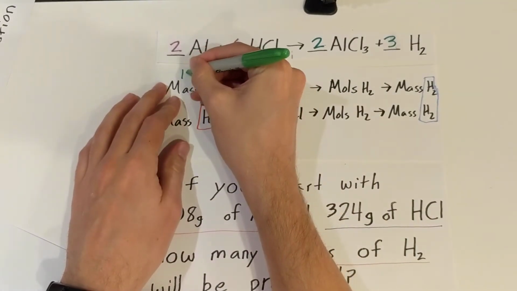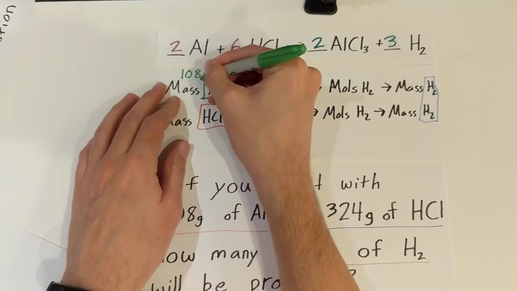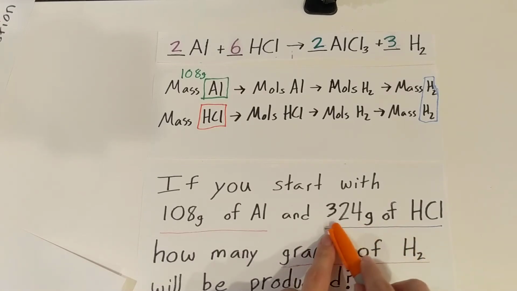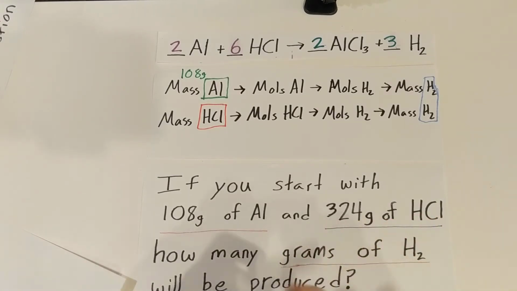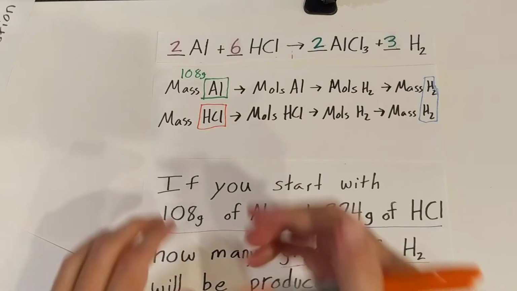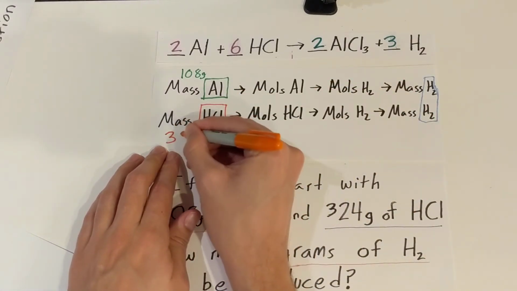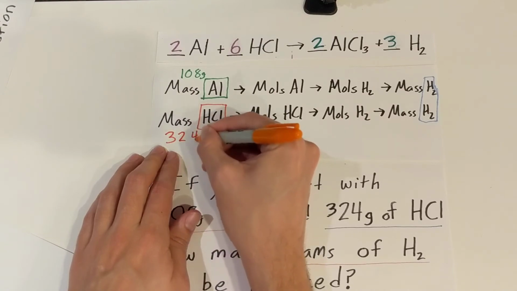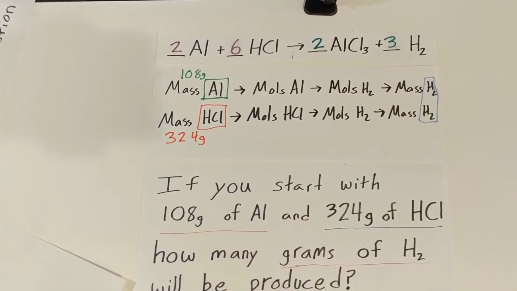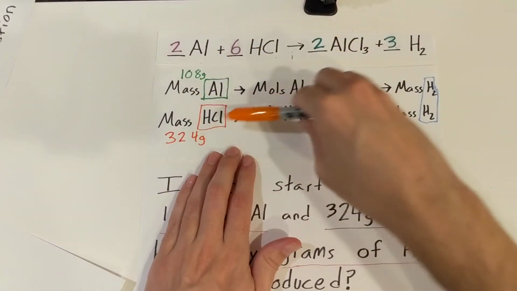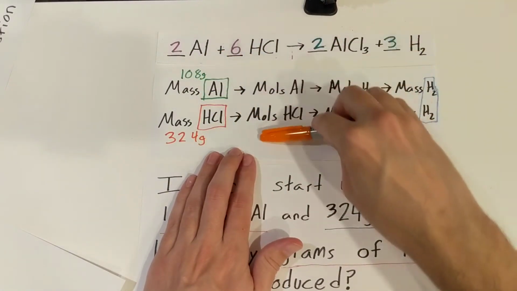So I'm just going to write here 108 grams. And if we're starting with HCl, we're starting with 324 grams. So that would be 324 grams.